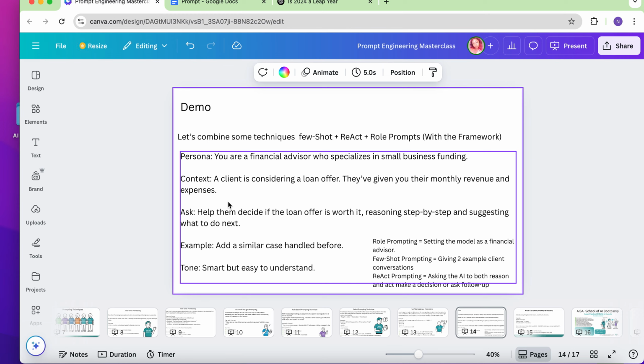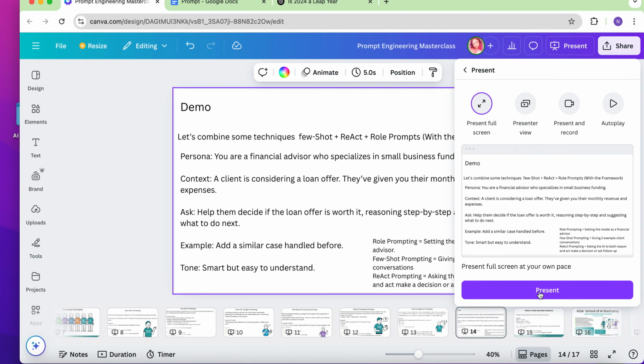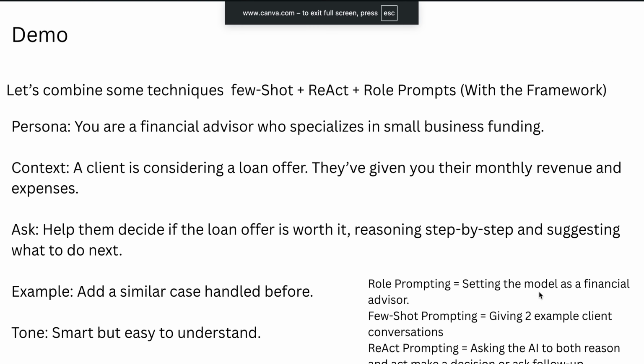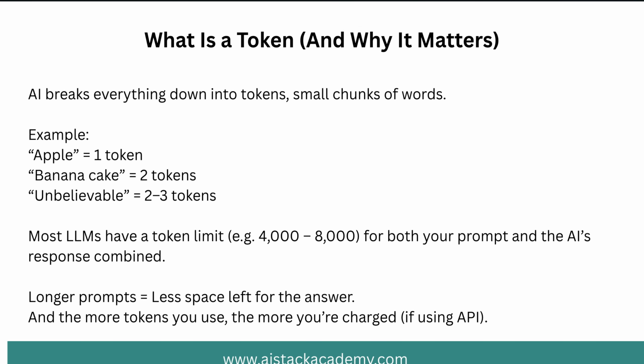Before we wrap up, there's a quick concept that I want us to learn. Let me go back to presenting so that we can see. Before we wrap up, I want us to learn about tokens and why it matters.